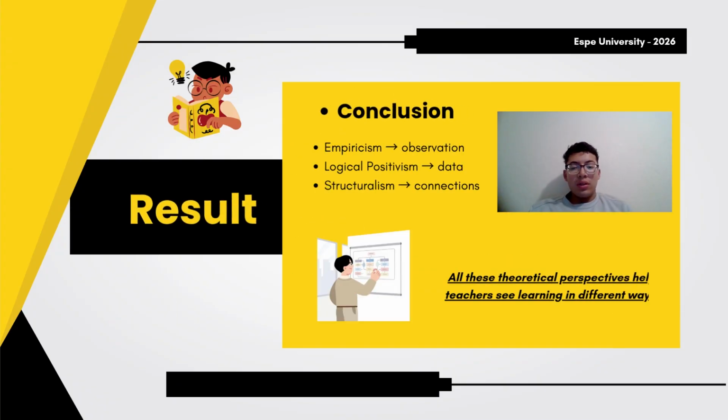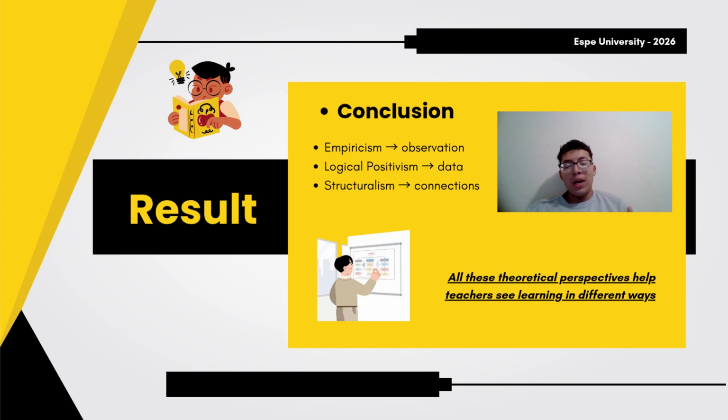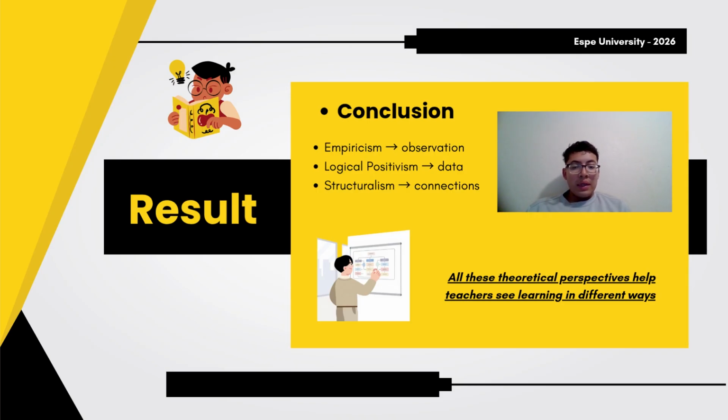As a final result, I have a little summary. Empiricism showed that teachers learn better what really happened in their classroom through real experience and observation. Logical positivism emphasizes using data and measurable results, not just opinion.